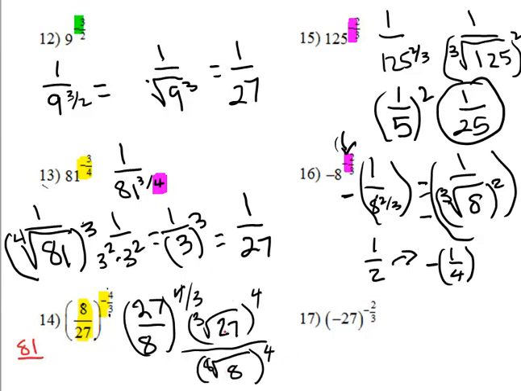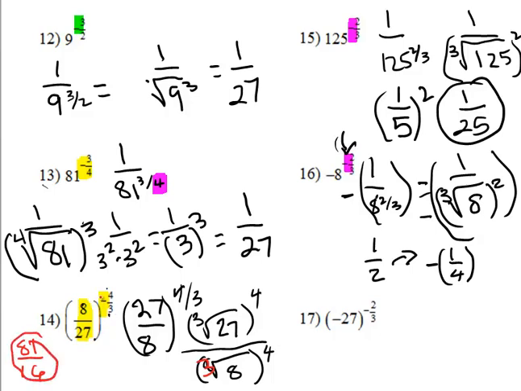The cube root of 8, that should be a little 3, not 8. The cube root of 8 is 2, and 2 to the 4th is 16. I can't reduce that because they have no common factors, and that's my answer.